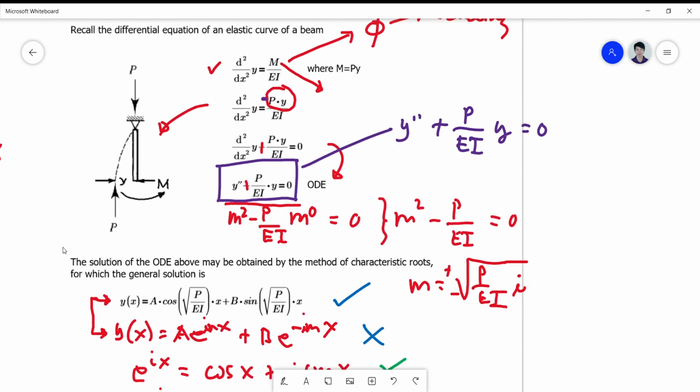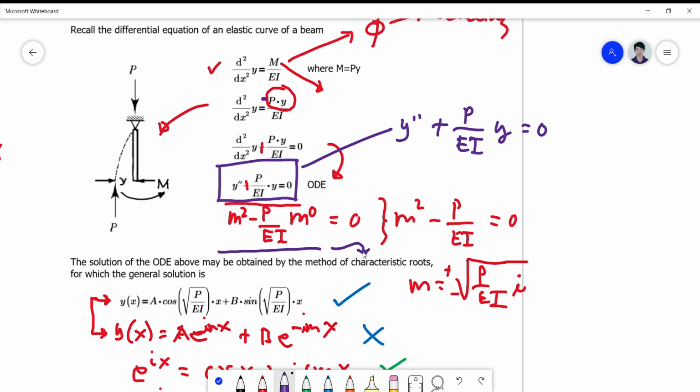And the common way of deriving a solution on such differential equations is the method of characteristic roots, for which the general solution may be derived simply by getting the roots of this characteristic equation. So this is your auxiliary equation, or the characteristic equation.